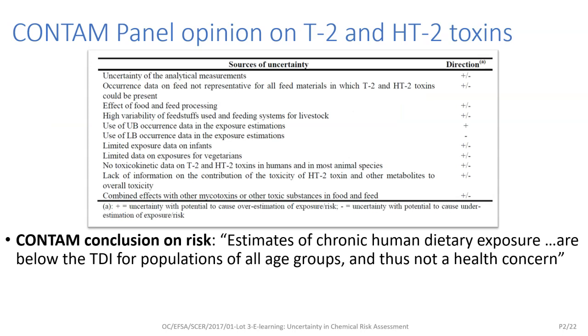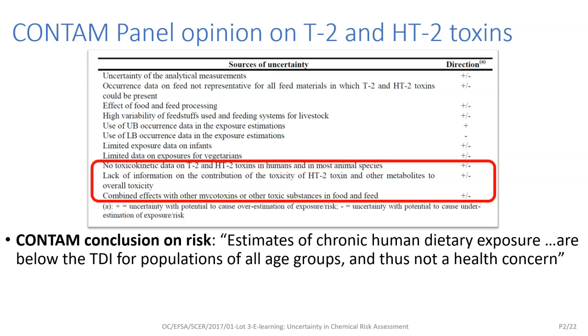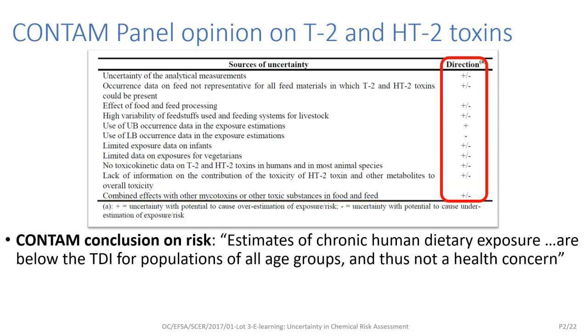When reaching this conclusion, the panel took account of the uncertainties they had identified. Some of these uncertainties affect the exposure assessment, while others affect the hazard assessment, and the plus and minus symbols indicate that the panel considered most of the uncertainties could result in either overestimation or underestimation of risk.